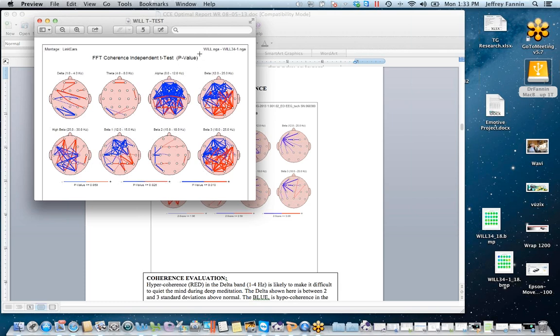We want to know, measuring these two conditions, eyes closed to when you're in the whole brain state, what is the probability that that's chance? Well, the thickness of the line also has something to do with that. That measures the p value. See, most of these are very thick lines here in what we're looking at in the beta.